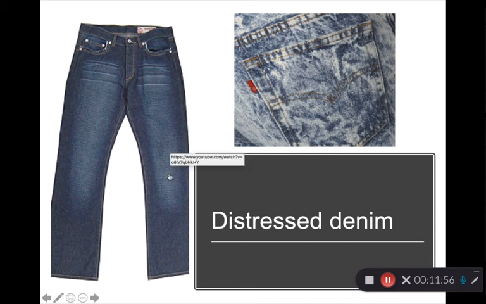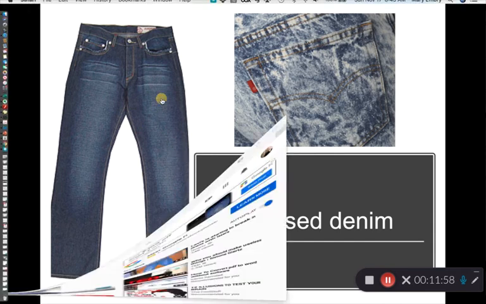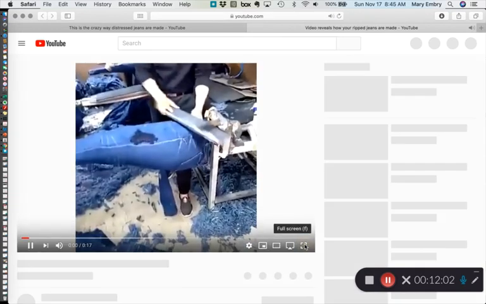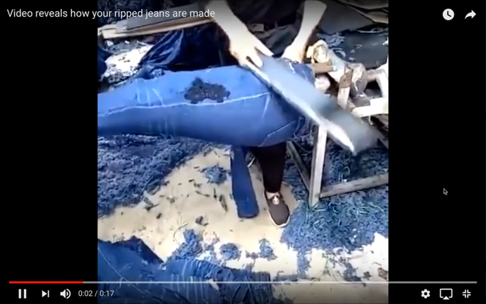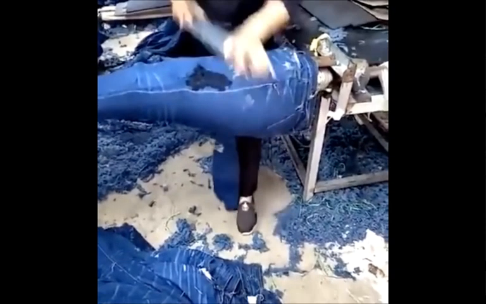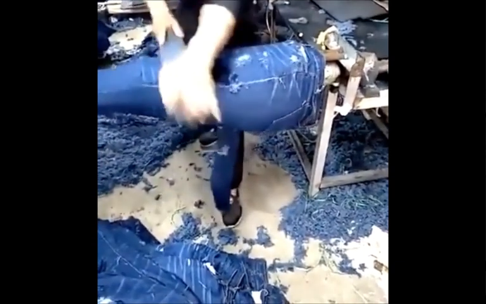Distressed denim, or getting these marks on products, has classically been a really labor-intensive type of process. So you can see how with distressed denim they're really trying to put holes in the fabric rather than just rub away the dye.